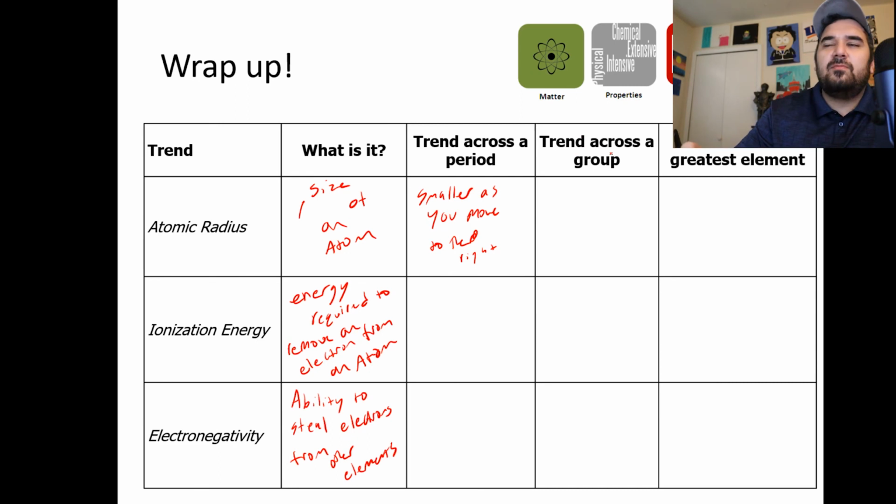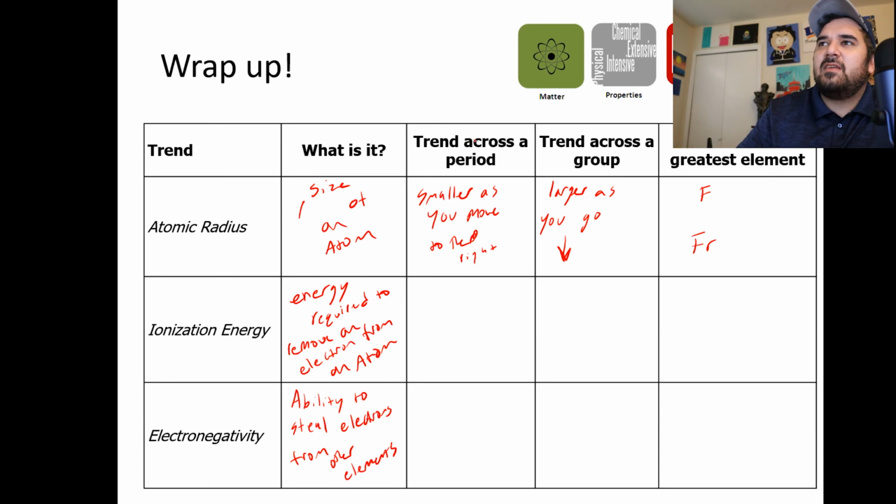Trend across a group, so they're talking about up and down, they get larger as you go down. Least atomic radius, which means smallest element, that's going to be fluorine. And then greatest atomic radius, that's going to be francium.